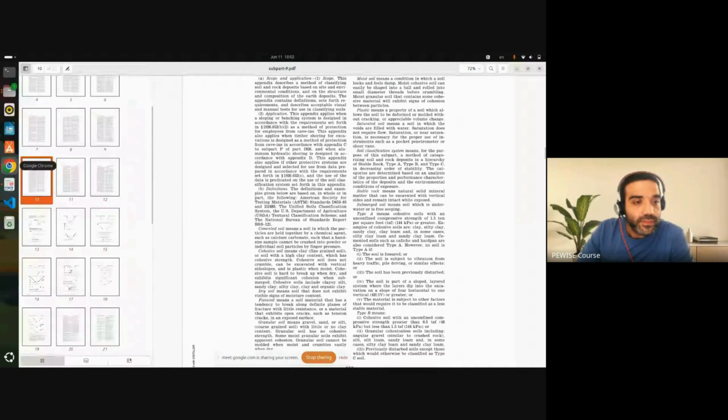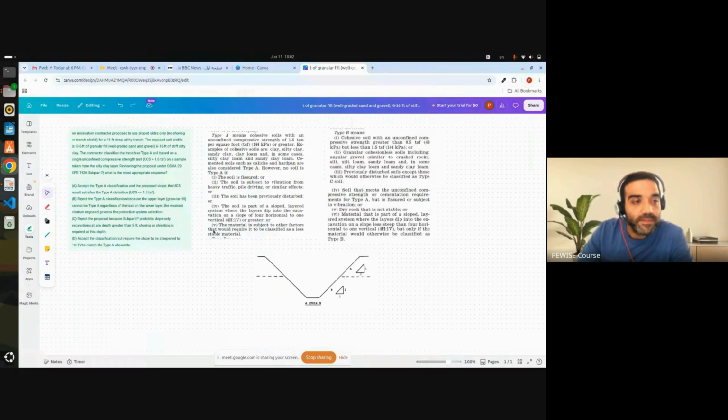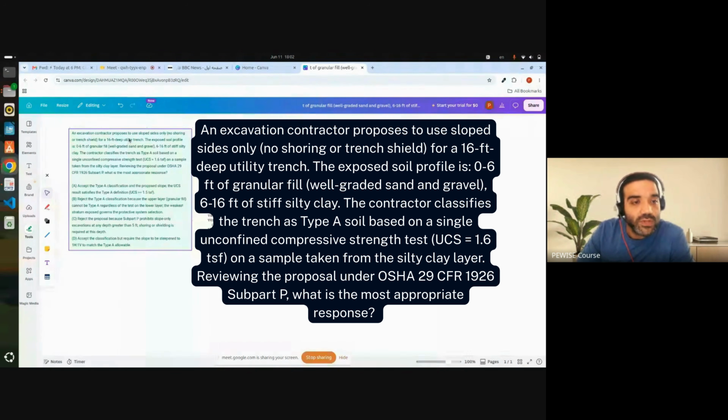So let's go back to the question. The question says an excavation contractor proposes to use a slope sides only, no shoring or trench shield, for a 16 feet deep utility trench. The exposed soil profile is 0 to 6 feet of granular fill, well-graded sand and gravel, and 6 to 16 feet of stiff silty clay.